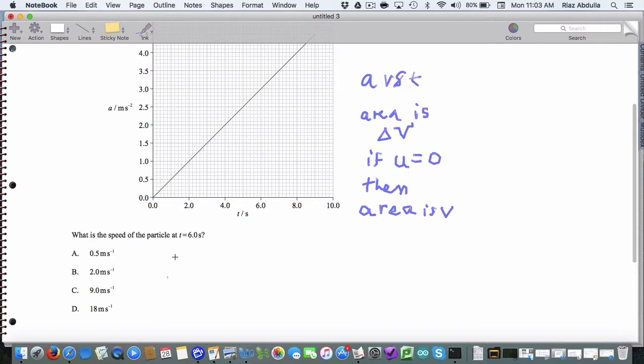So we'll get the area as 1/2 base times height, because it's a triangle.